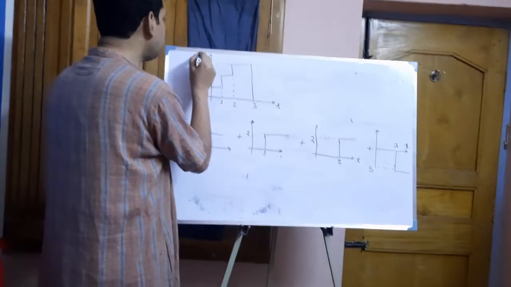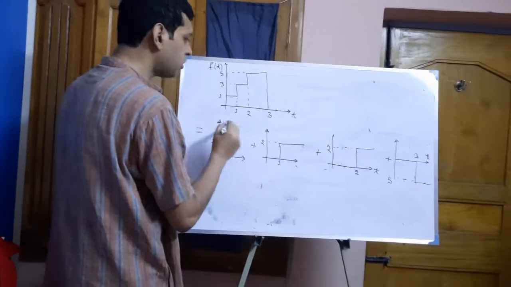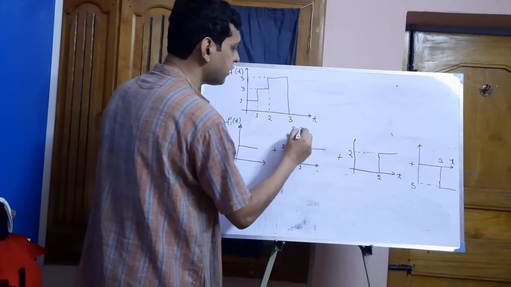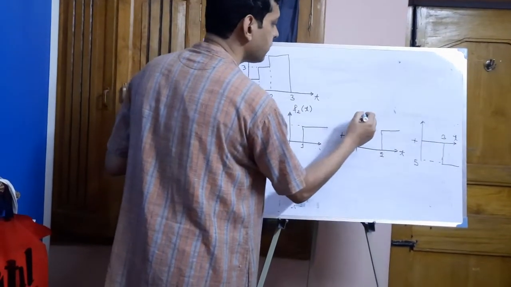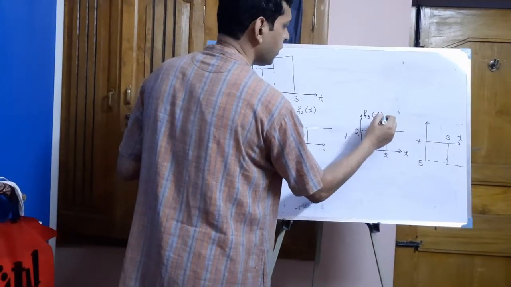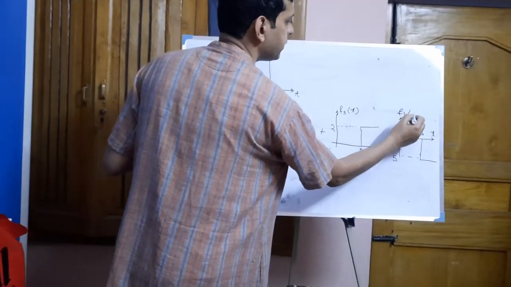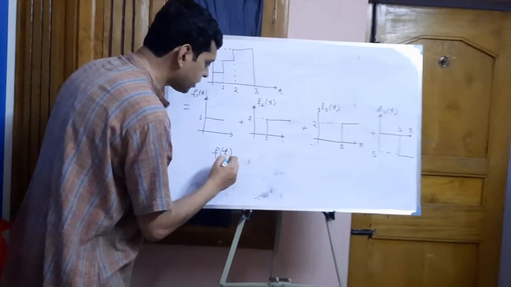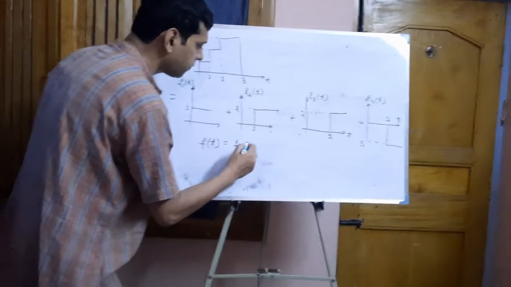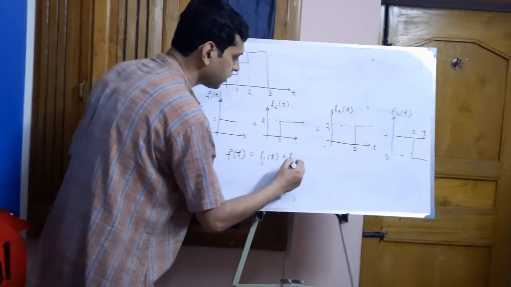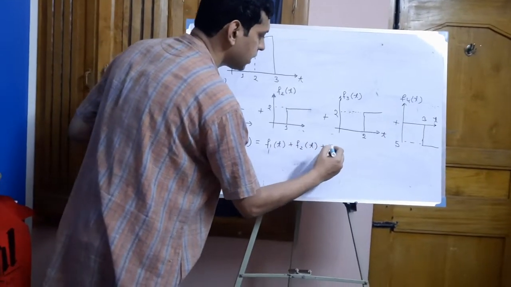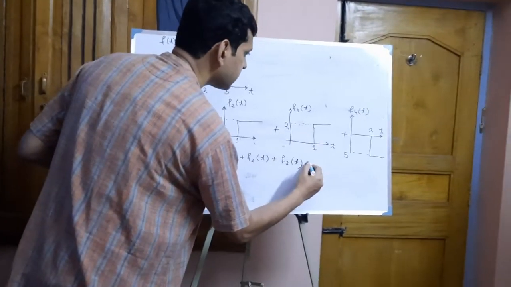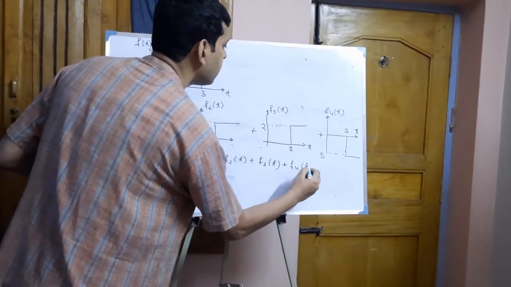So we can write f(t) equal to the sum total of these functions. This is f1(t), this is say f2(t), this is say f3(t), and this is say f4(t). So we can conclude that f(t) equal to f1(t) plus f2(t) plus f3(t) plus f4(t).